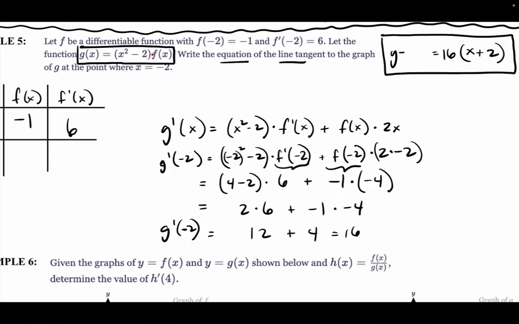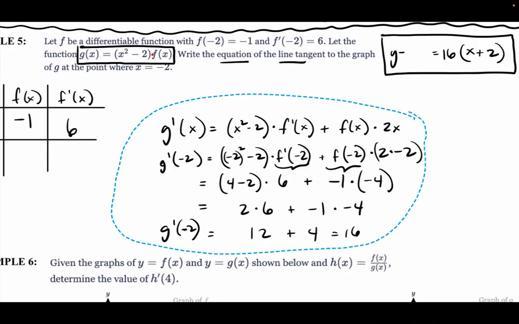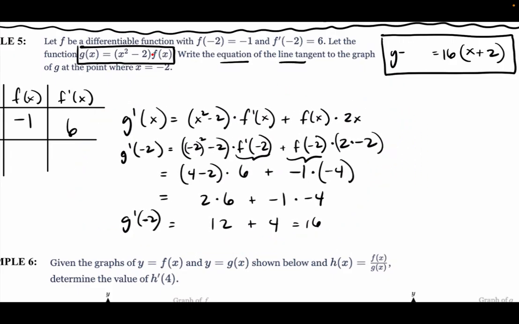And then y. The last question is, how am I going to figure out y? Plug in negative 2 to the original equation. Plug it into the original, which gives you g of negative 2.